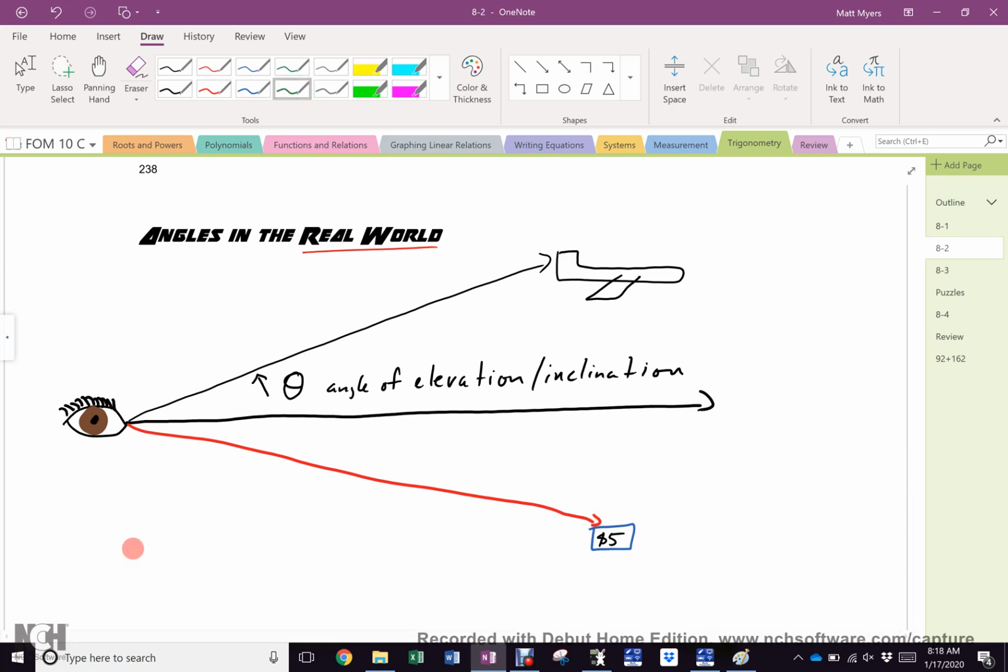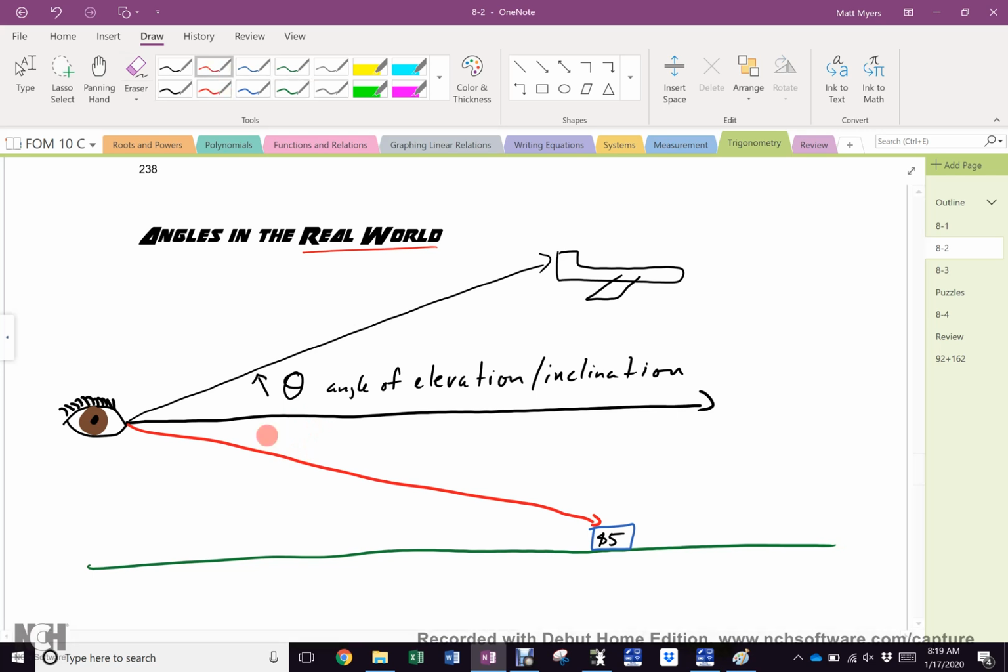Here's the ground, where the $5 bill is. Where is the angle that we would be caring about? Where would it be? Between what and what? Between where? Between the horizontal and the red line. This is the angle I care about here.